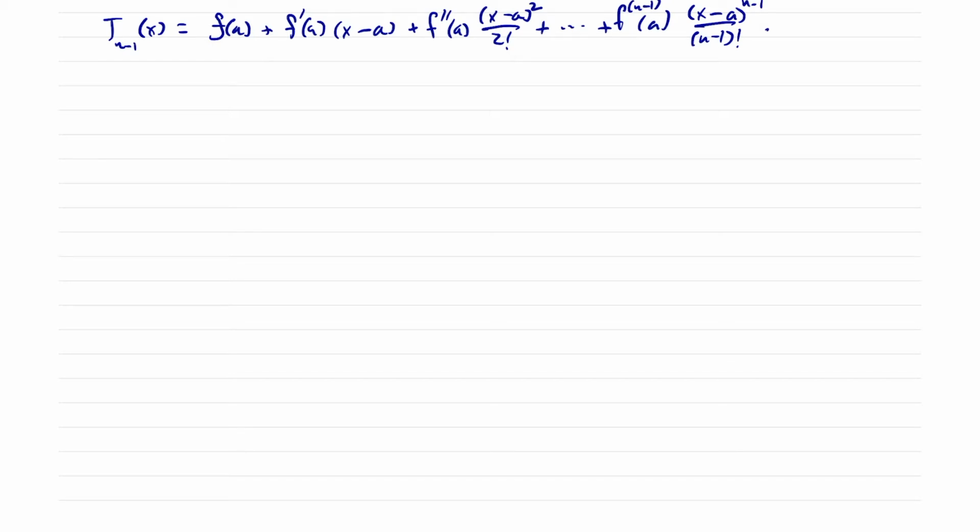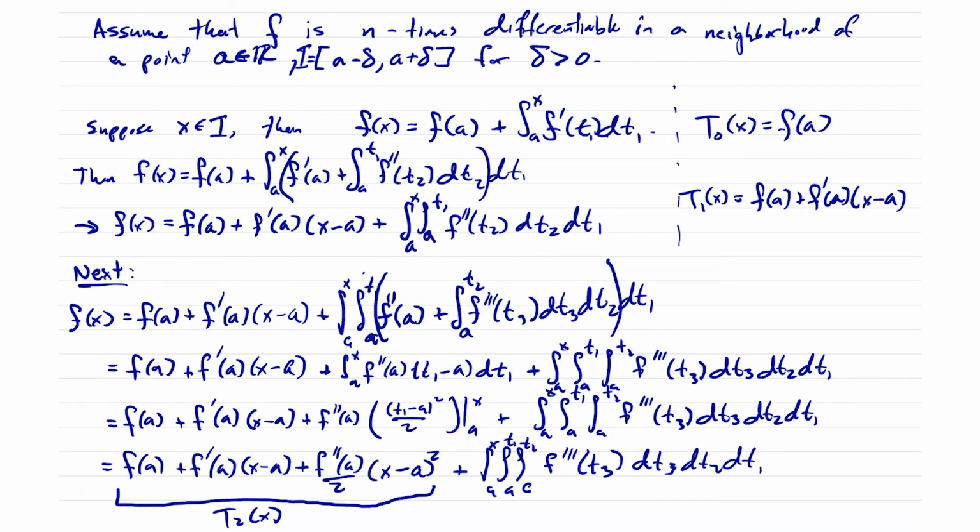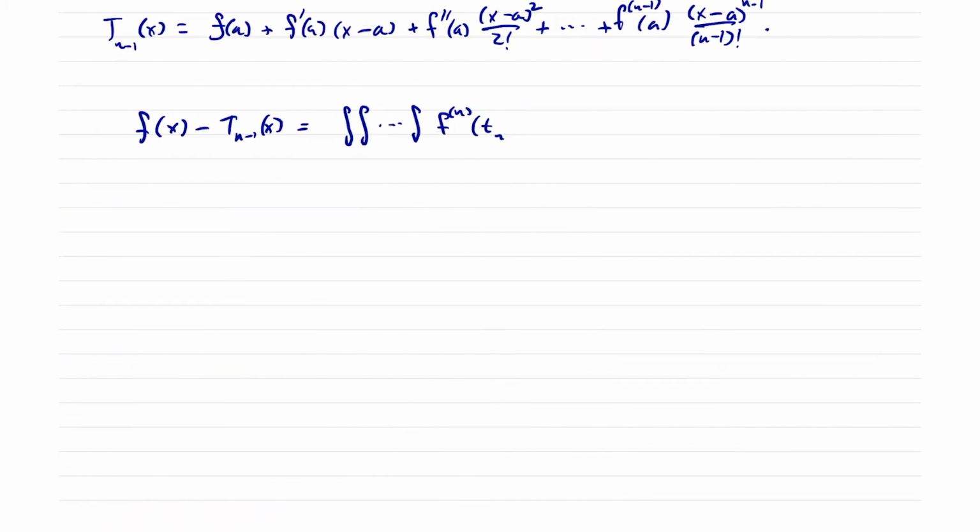So basically what we find then is that f of x minus T_{n-1} of x is equal to a whole bunch of integrals of f^(n) of, say, t_n, let's see if I get the indexing right. Yeah, so it's going to be t_n.